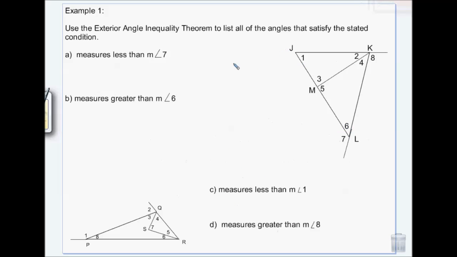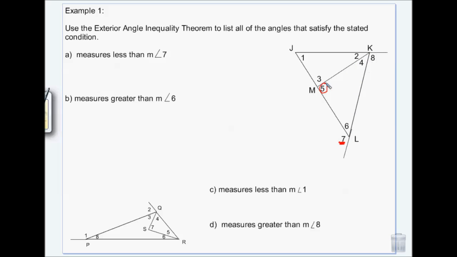This brings us to what kind of problems you're going to need to be doing. So we look at the exterior angle inequality theorem and we list all the angles that satisfy the condition: measure less than angle 7. Well, angle 7 is here, and I see all the angles less than angle 7 except L. We've got this triangle, that angle 7 is an exterior angle to.